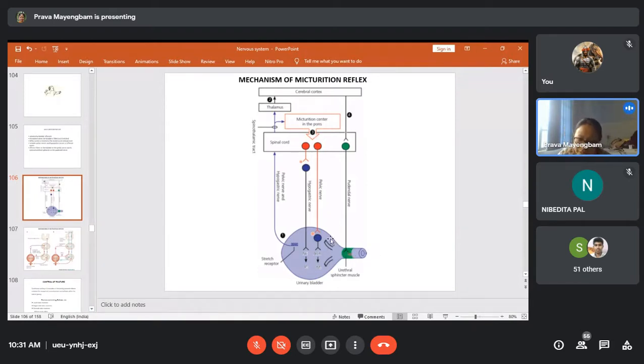Due to the contraction of the urinary bladder muscle, the pressure will increase. By this time, the sphincter is open, so urine can pass out from the urinary bladder to the urethra.